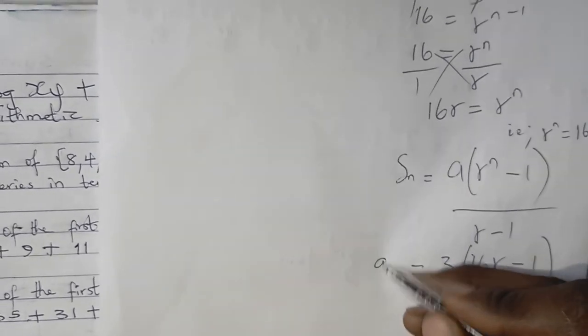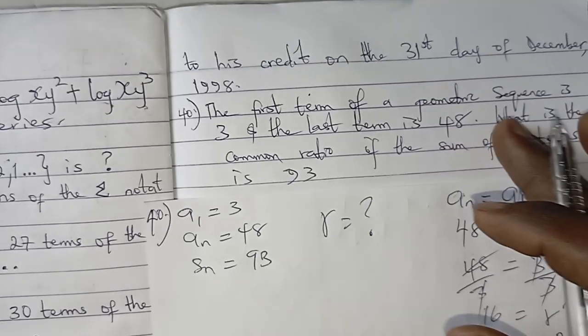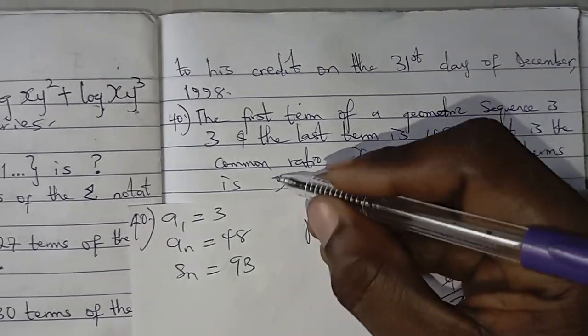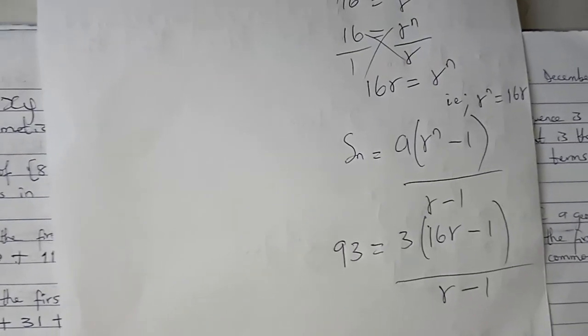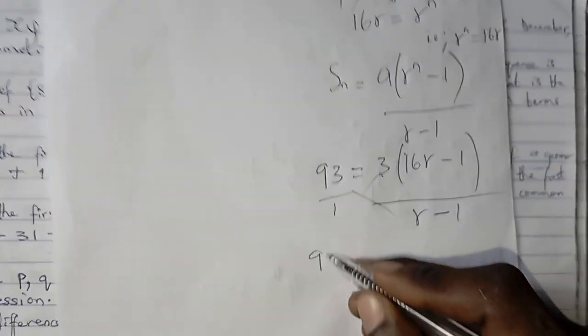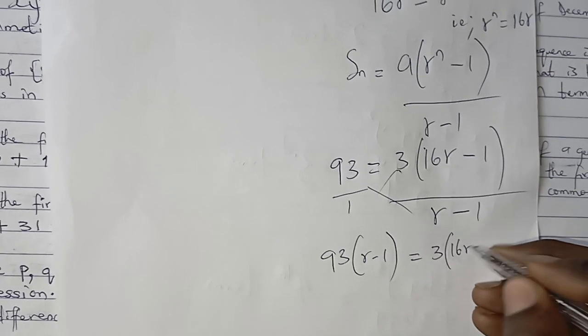Sn is 93, it is given. So all we need to do is cross multiply. This becomes 93 times r minus 1 equals 3 times 16r minus 1.